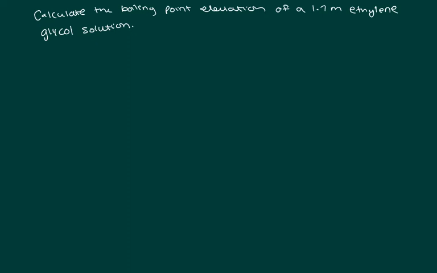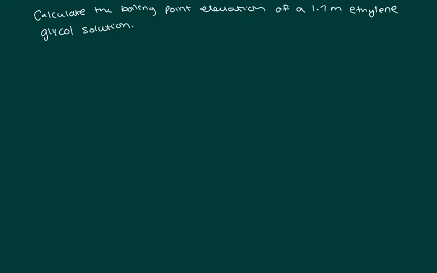Why? Because it is a solute in a solution. Anytime you put a solute in a solution, it decreases its freezing point and increases its boiling point. So not only is ethylene glycol used to prevent freezing in engines in cold climates, but it also prevents the boiling of engine coolant in hot climates.